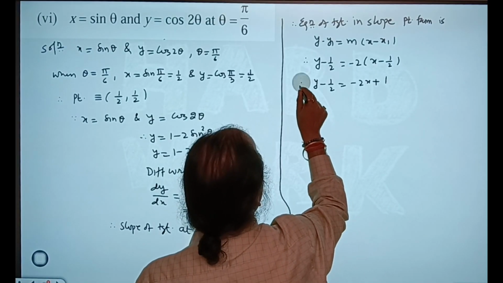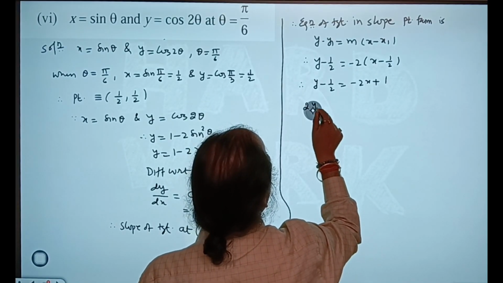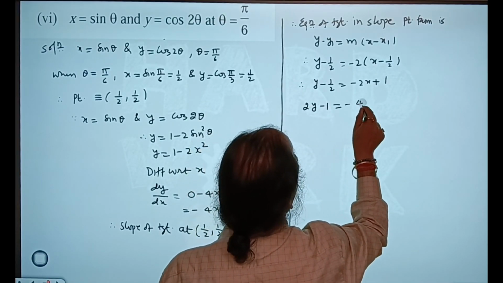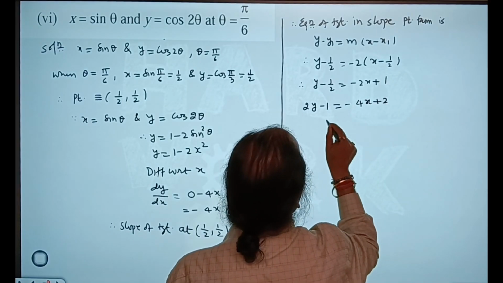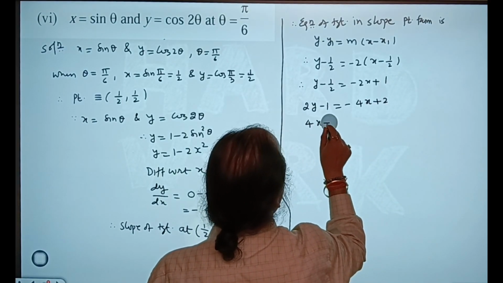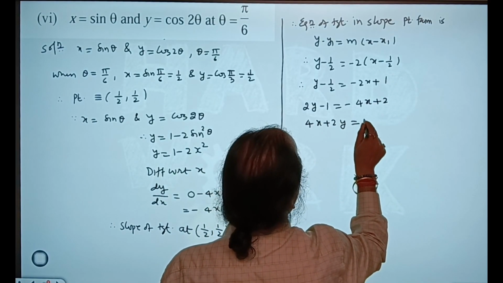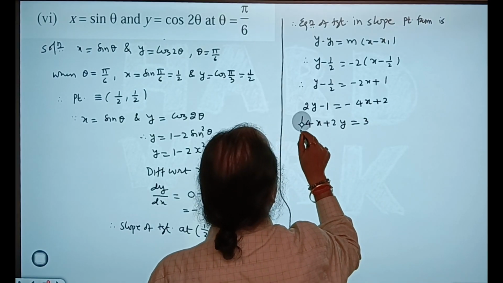Multiplied by 2, 2y minus 1 is equal to minus 4x plus 2. So 4x plus 2y is equal to 3.